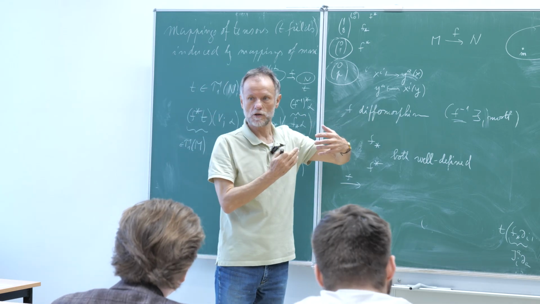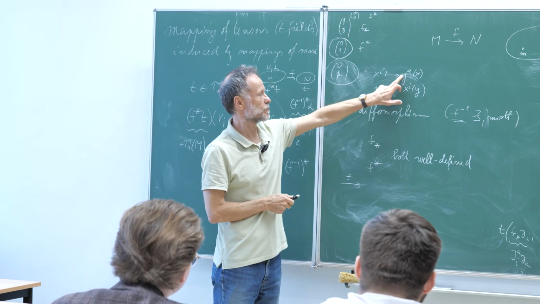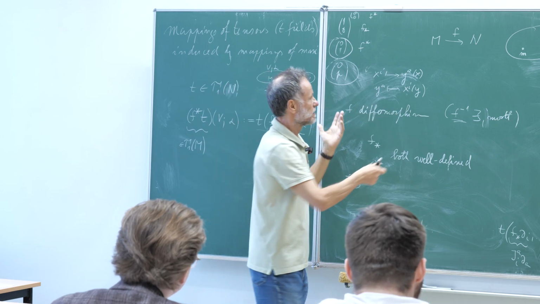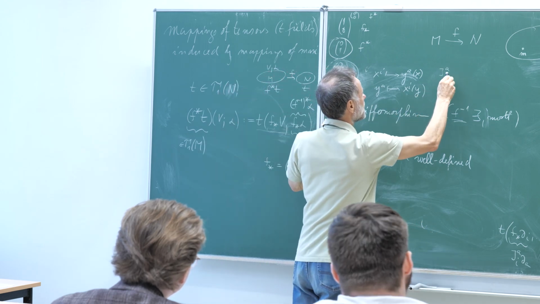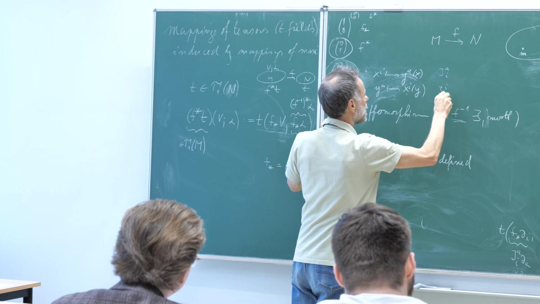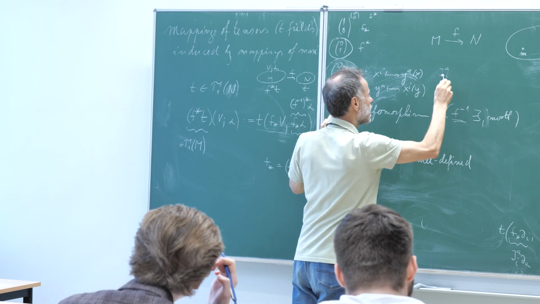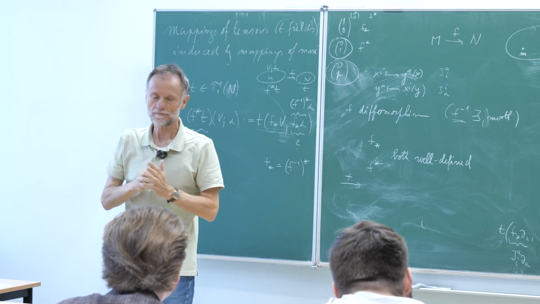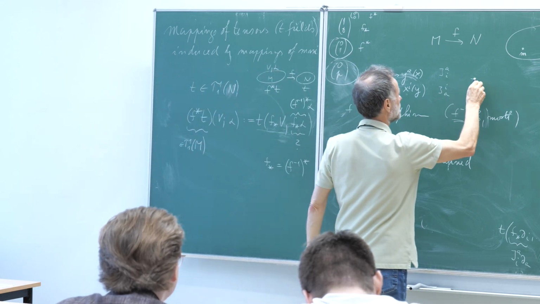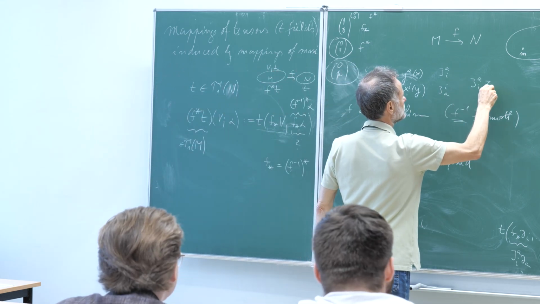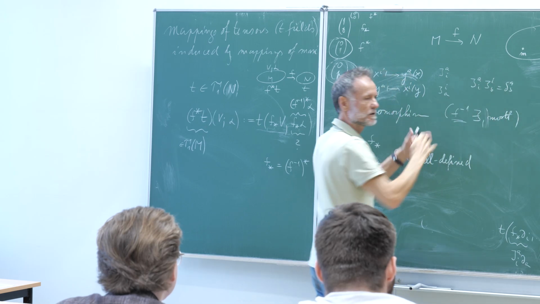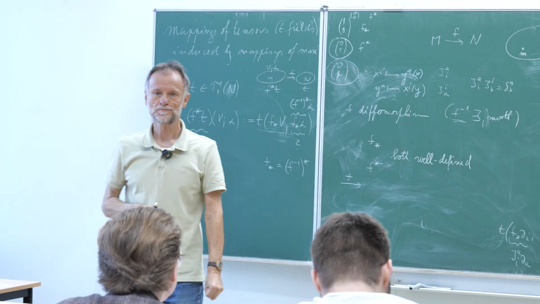So you have two Jacobi matrices, and they are mutually inverse. They are formally different, with the property that summing over the repeated index gives the identity.